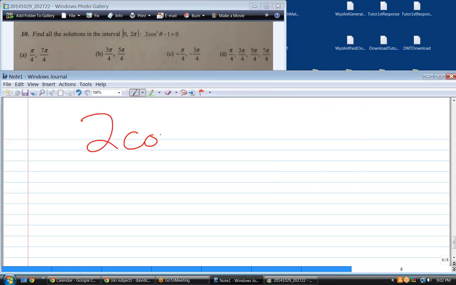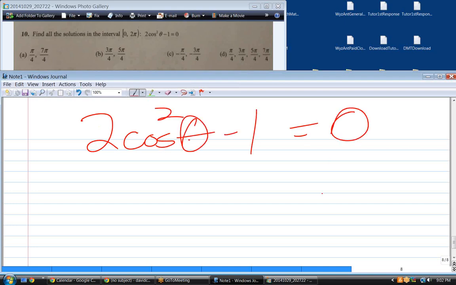Do this one. It'd be cosine squared theta equals 1/2.